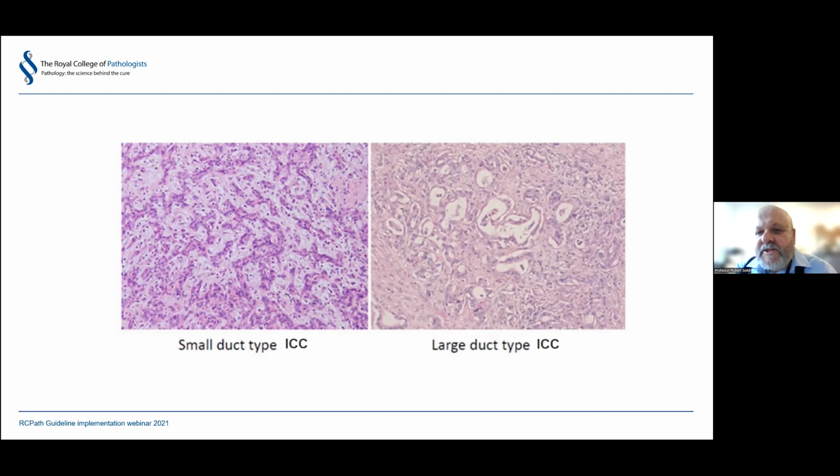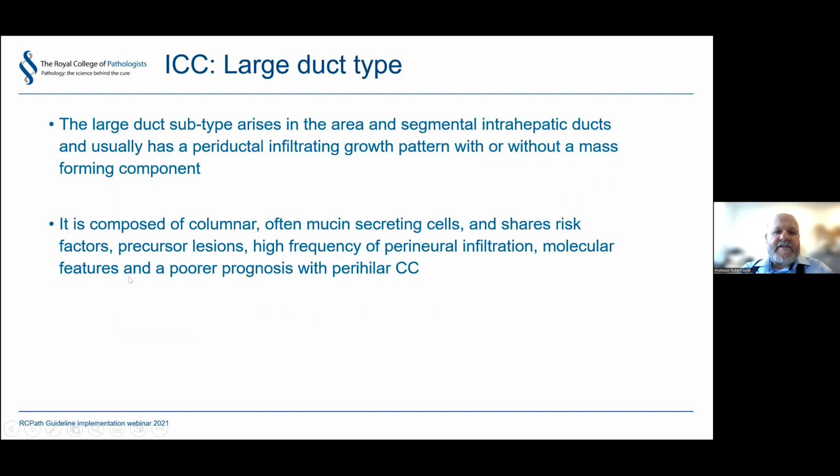This is not just pathologists collecting stamps. If we look, for example, at the large duct type, these tend to arise in the segmental bile ducts. They often have an infiltrating periductal growth pattern, have different precursor cells, and often have worse prognostic features and indeed do worse overall.